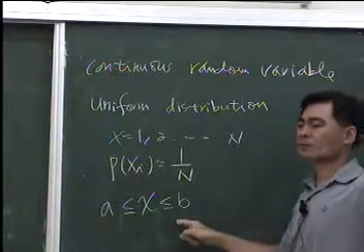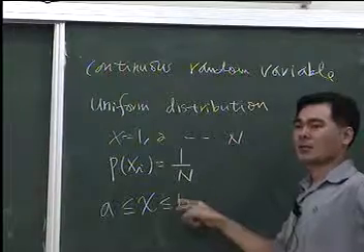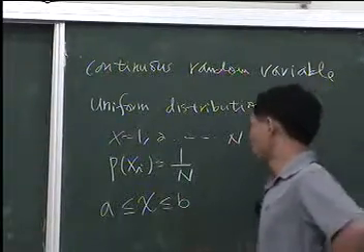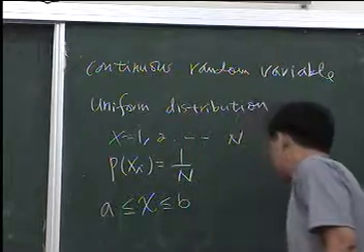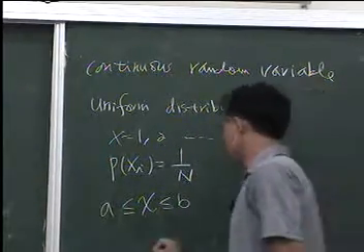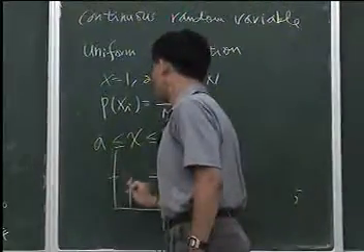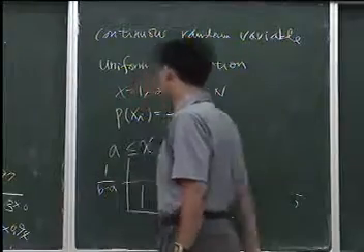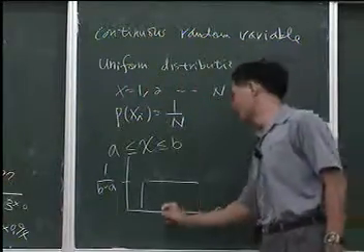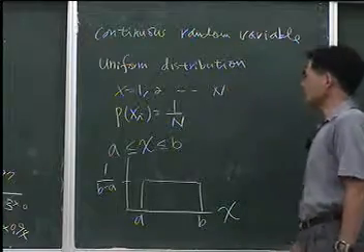So that means for whatever number, they got the same probability density function. The height will be the same. So we have, this is the number x, okay? And here, the height is 1 over b minus a. And here it is a, and then here it is b.